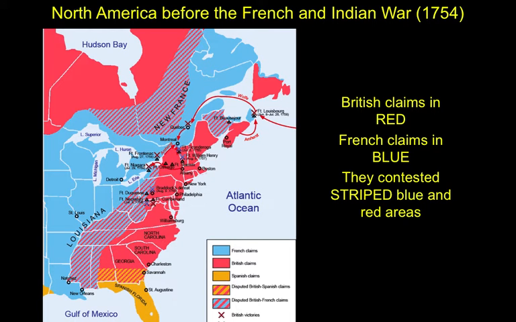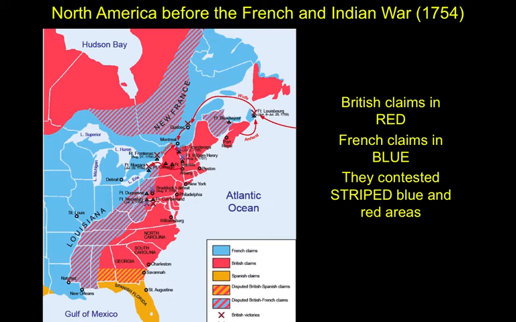Salutary neglect ended following Britain's war against France, placing new burdens on the colonies and thus forever changing its relationship with them. While England and France had fought a number of colonies since 1689, the French and Indian War was unique.